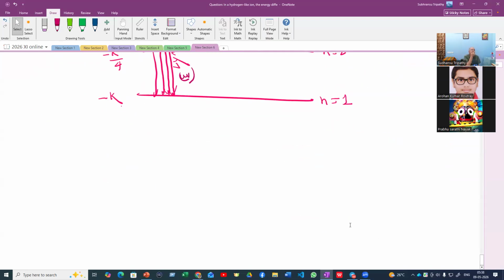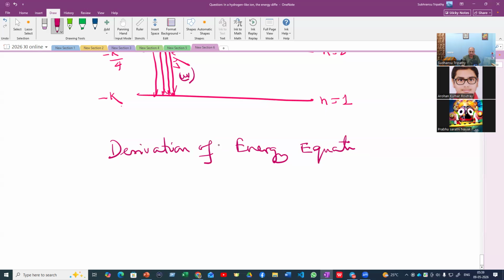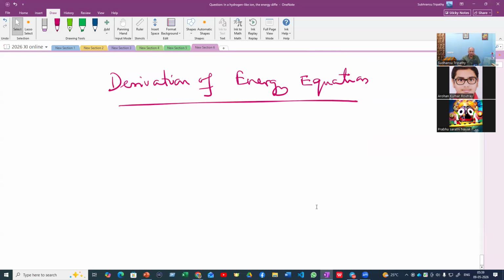So, I would like to now derive the energy equation. A simple physics will be involved here.